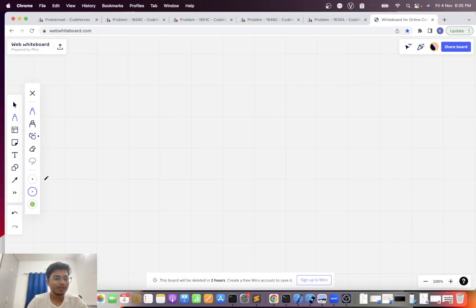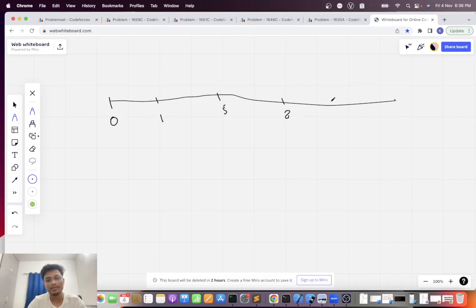So basically what we are given, let's say it is a number line. At every position, let it be 0, and these are some values where the other kingdoms are. Let's say 1, 5, 8, 9, 15, and all are in increasing order.